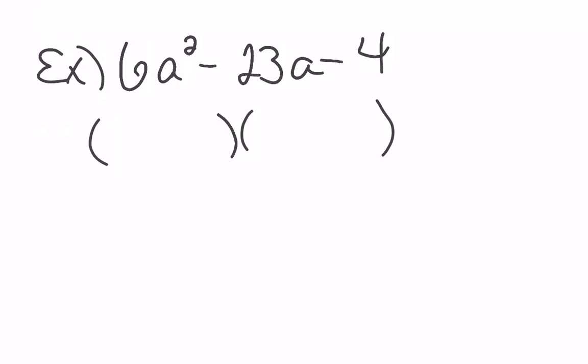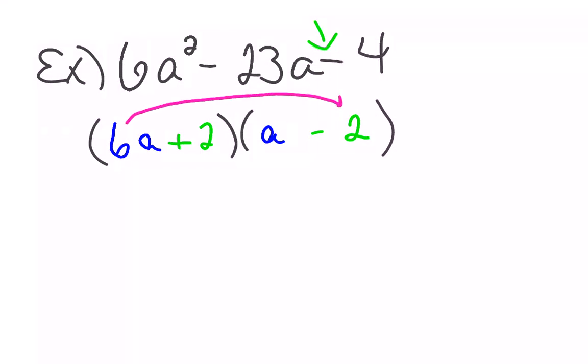So if I have the 6, let's go ahead and do 6a times 1a. And the 4, we'll use 2 times 2. Now because this is negative, that means 1 is plus and 1 is negative. And then we will try to get the negative 23 when we do the outers and inners. So this might be our two binomials, but we have to check.